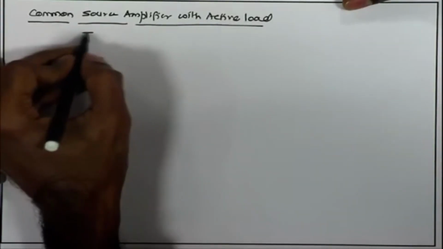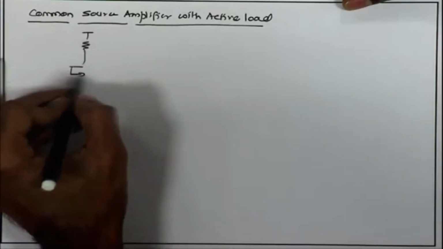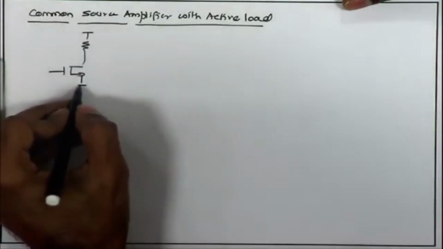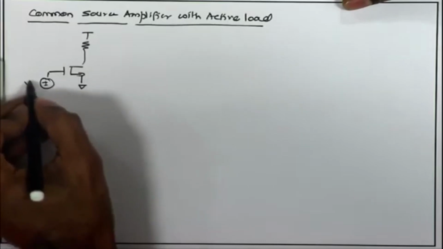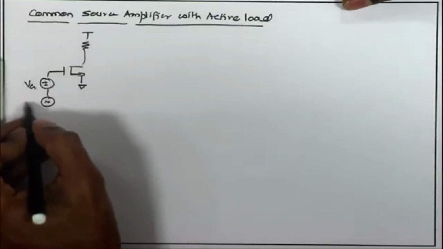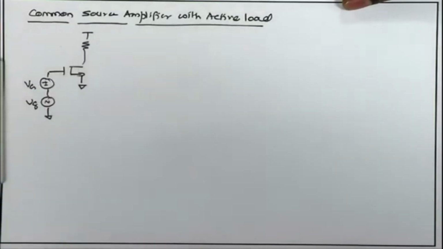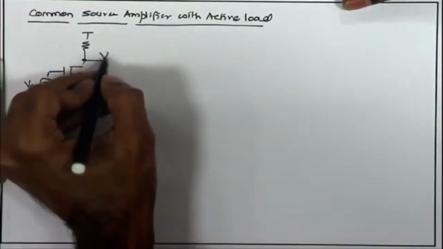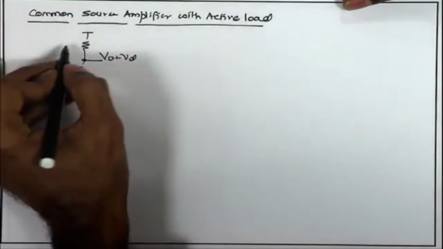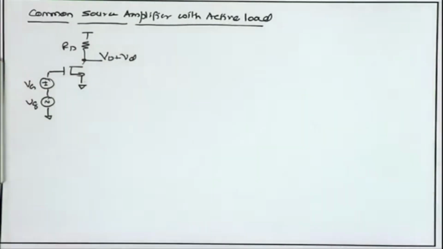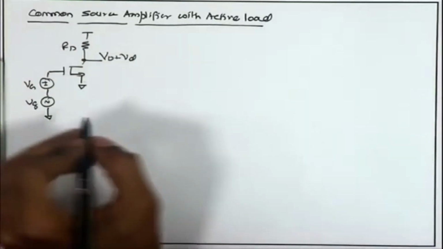Yesterday we discussed a common source amplifier with resistive load, where we took a simple example: capital VG is the DC voltage, on top of that we apply a small signal vg and we look at the small signal vd produced, and we noticed some techniques through which we can improve the gain.